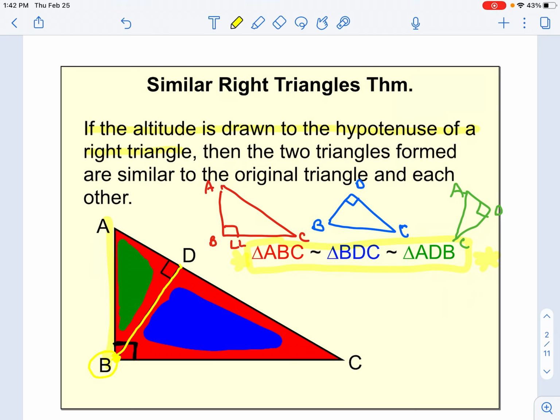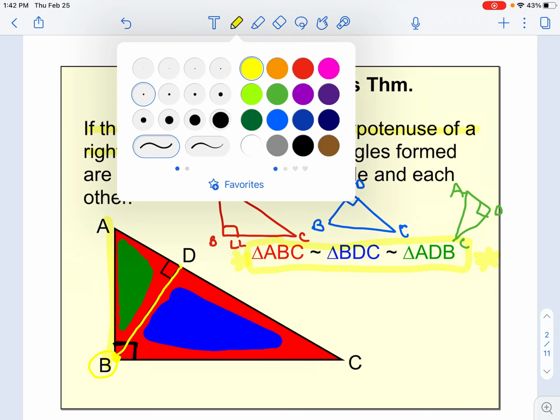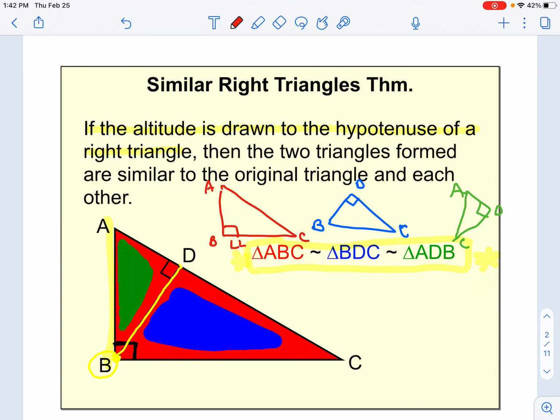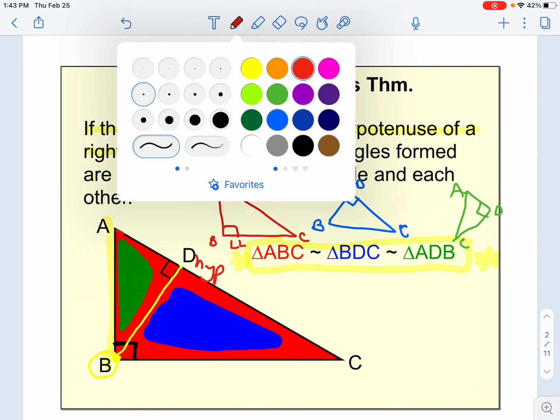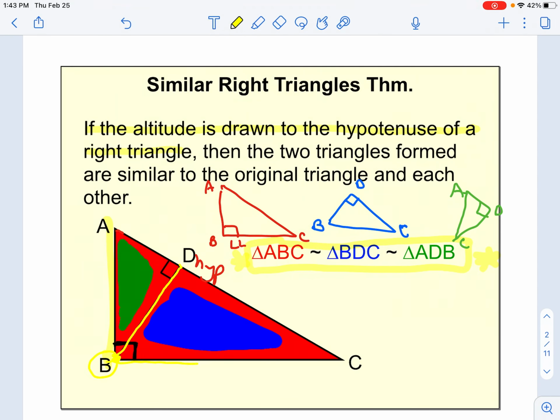Okay, we're specifically drawing it to the hypotenuse. So in this large red triangle right here, this side right here is the hypotenuse. Okay, so this whole side, and we're looking at this triangle ABC. That is our large triangle, that large right triangle that we're talking about.